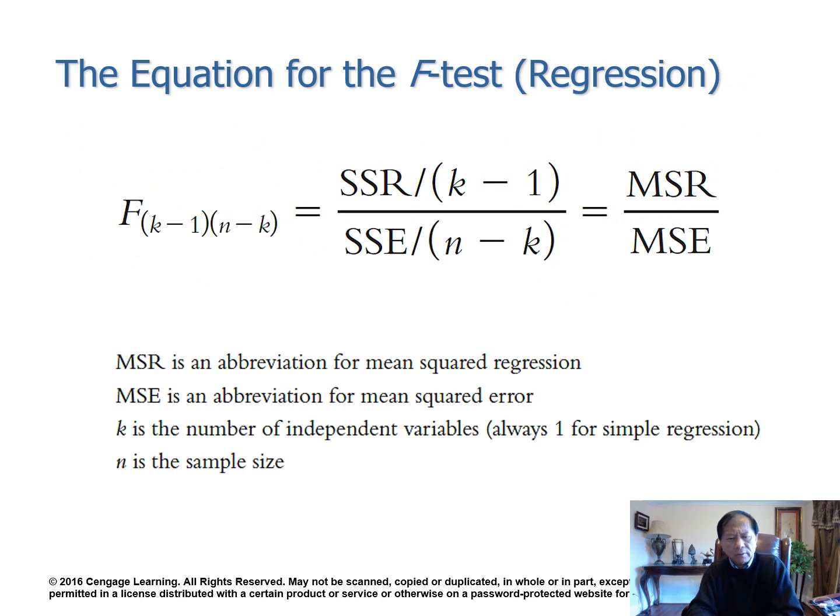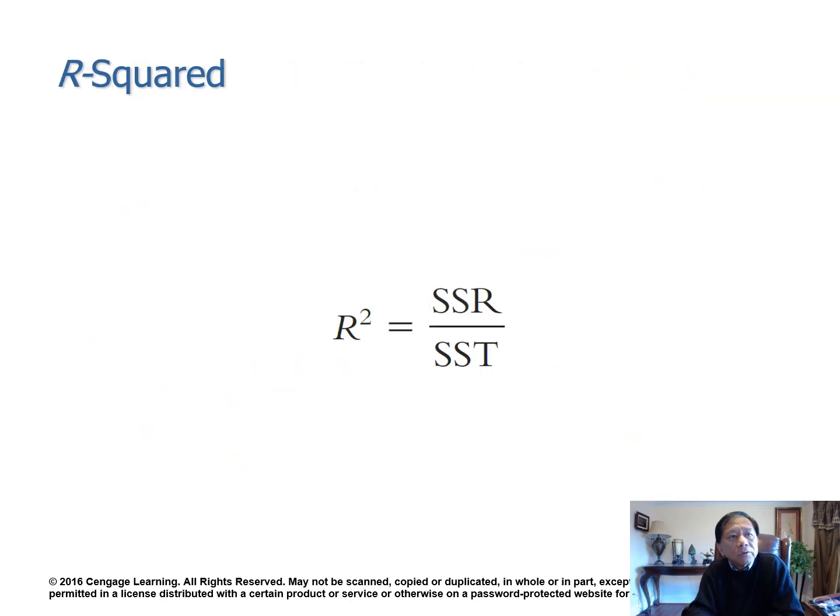Statistical significance. Basically, the equation uses an F-test for regression. F is mean square regression divided by mean square error.